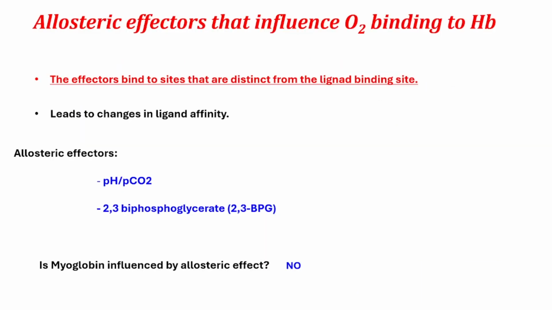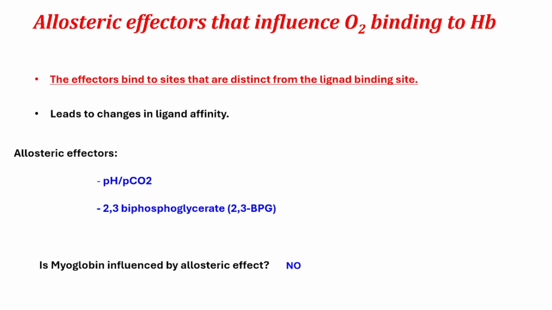This binding of the oxygen to the hemoglobin can be affected by what we call allosteric effectors. Do you know what an enzyme is? Do you know that in an enzyme I have an active site? Beside this active site, next to it, I'm going to have another site which is called the allosteric site.